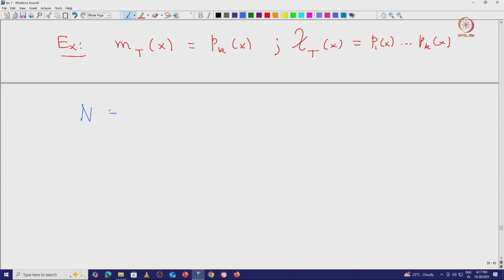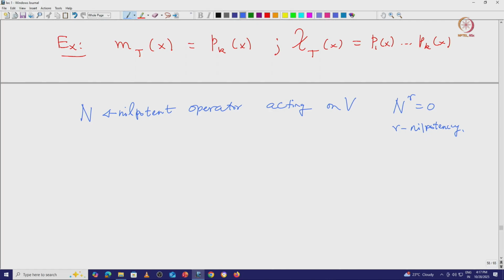So for that purpose, let us start with a nilpotent operator N acting on V. So let us assume that the nilpotency is R, which is the smallest power such that N power R is 0.